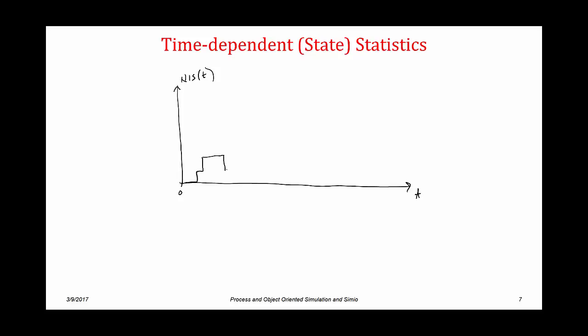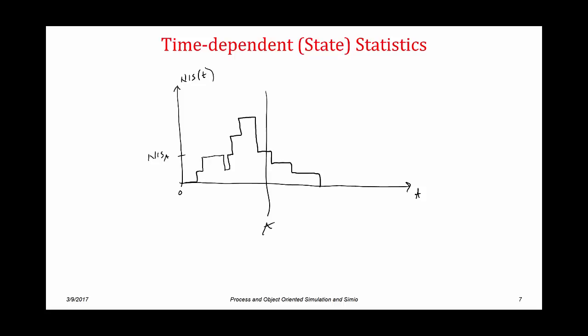The first entity finishes, the second entity arrives, the third entity arrives, the fourth entity arrives, then maybe 2 depart at the same time, and then another departure, and so on. We end up with this time function where at any point, like right here, t, this is NIS of t, that function at time t.